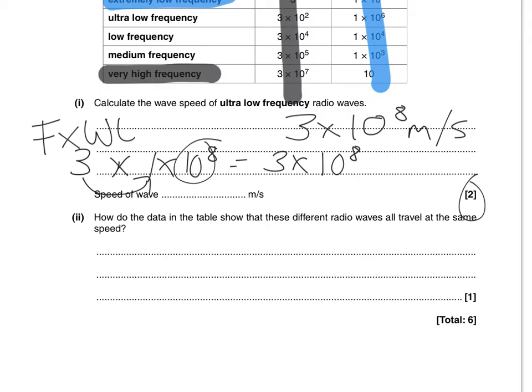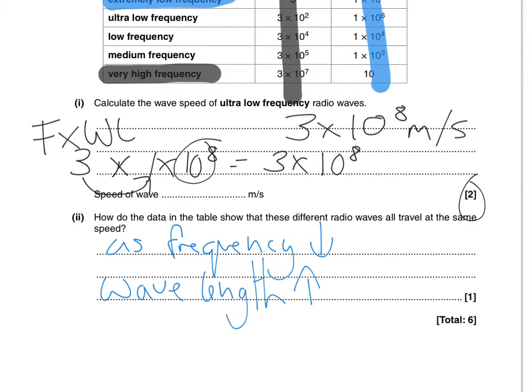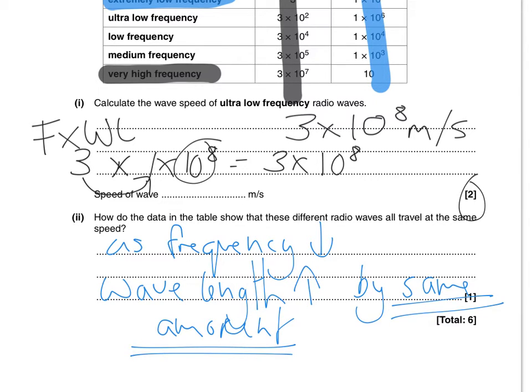So what they're looking for here, for your 1 mark, is that as frequency decreases, wavelength increases by the same amount. Okay, really important. Same amount. It has to be by the same amount.